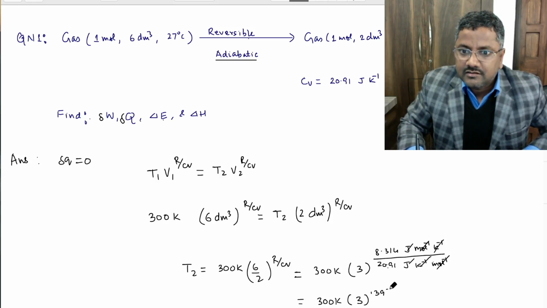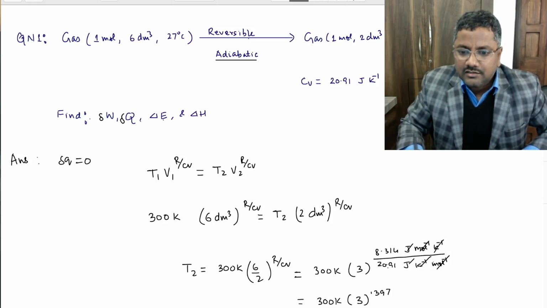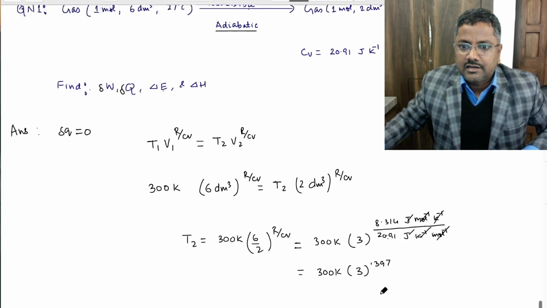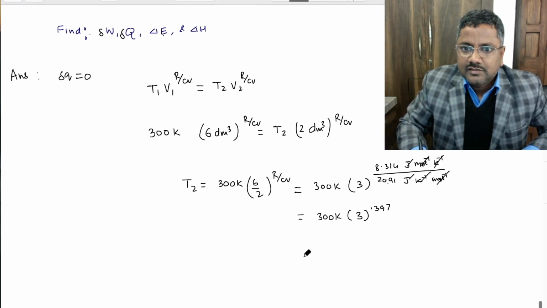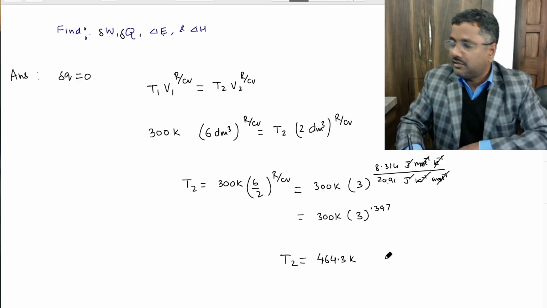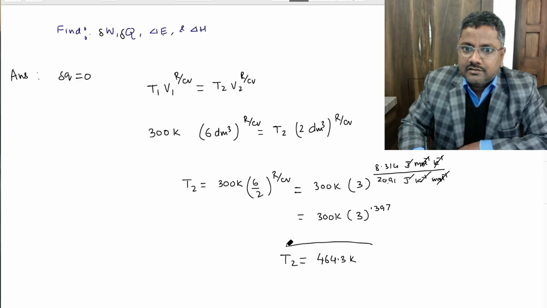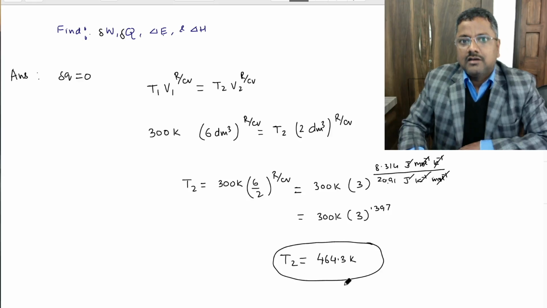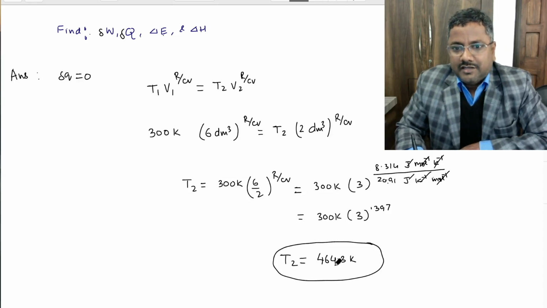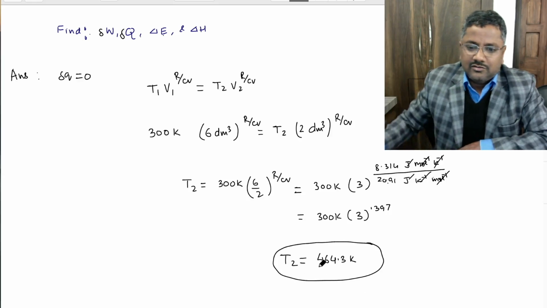So you can solve this, and you will get 464.3 Kelvin. So you have now achieved the task. If you have calculated the final temperature, then your task is over.